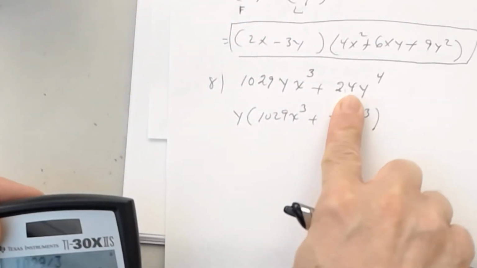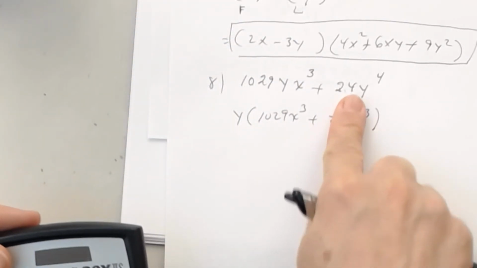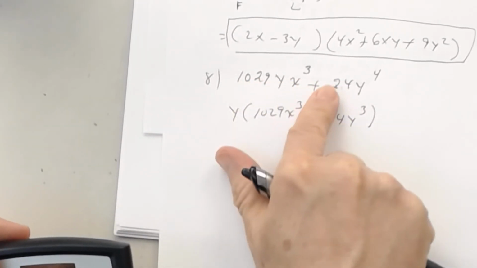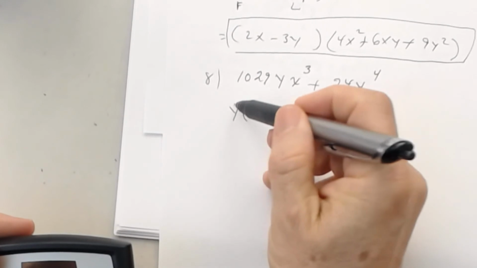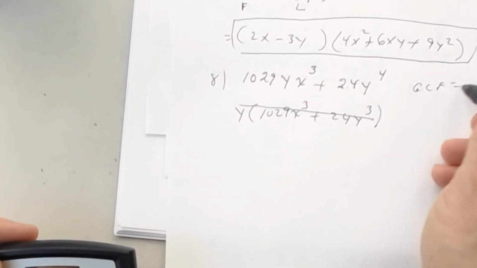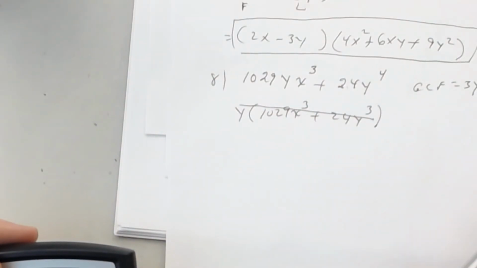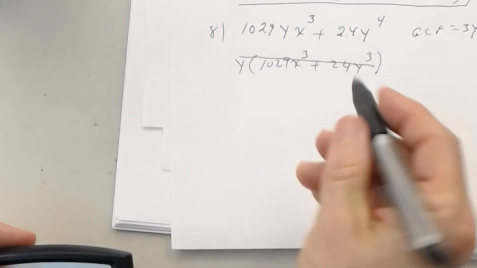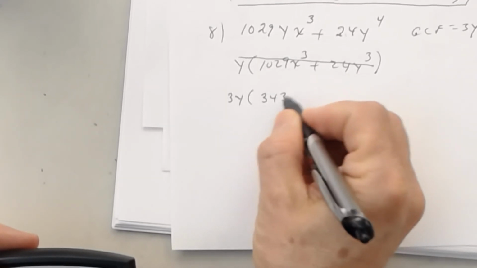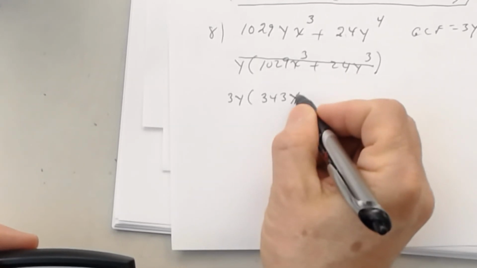And so the GCF of those two terms is not y, but what? 3y. So the GCF is 3y. So then you factor out the 3y, and you get 343x cubed. Is that right? Yeah.